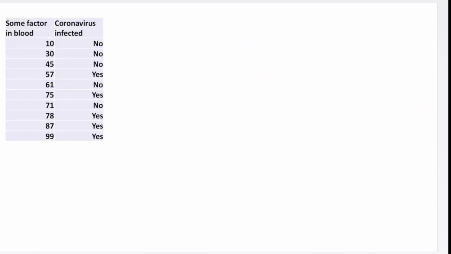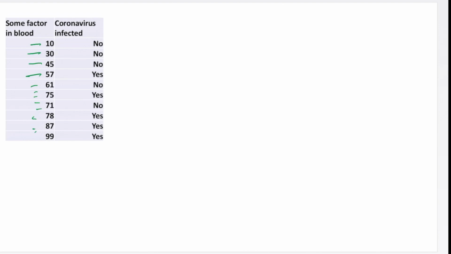Let's assume that we have this particular dataset, where in the first column we have some level of blood factor, which are 10, 30, 45, 57, and so forth.